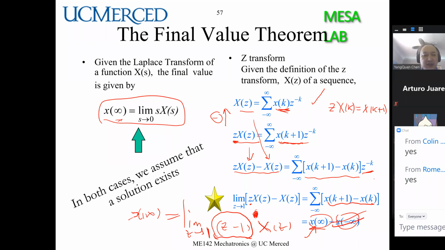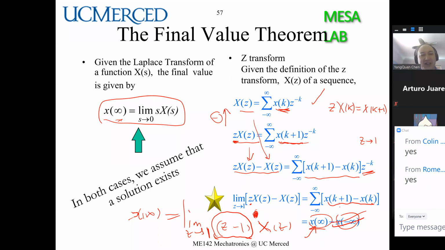We are going to see that if I send z to 1, this will be x(k+1) minus x(k), and you keep adding.